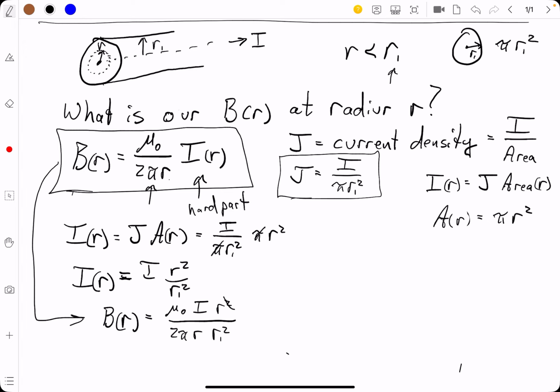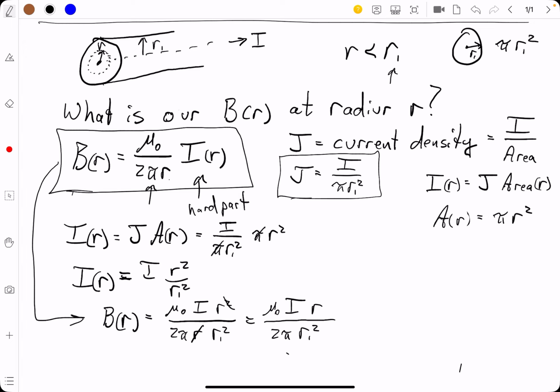Well, one of these r's cancels with this r. So that really leaves me with B of r is equal to mu naught I times r over 2 pi R1 squared.